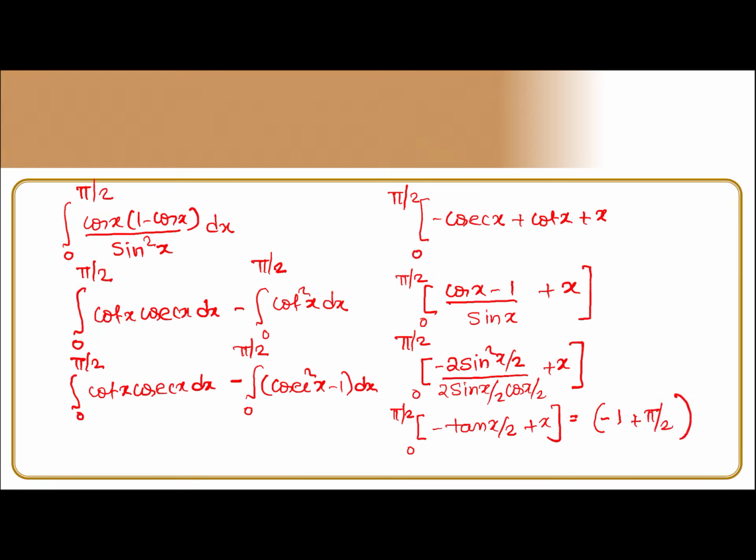If you substitute anywhere in between, you will be zapped and you can't get the correct answer. So this can also be written with 1 by 2 common, you will get pi minus 2. So pi minus 2 is there. I am writing the answer here clearly and drawing a line for you.